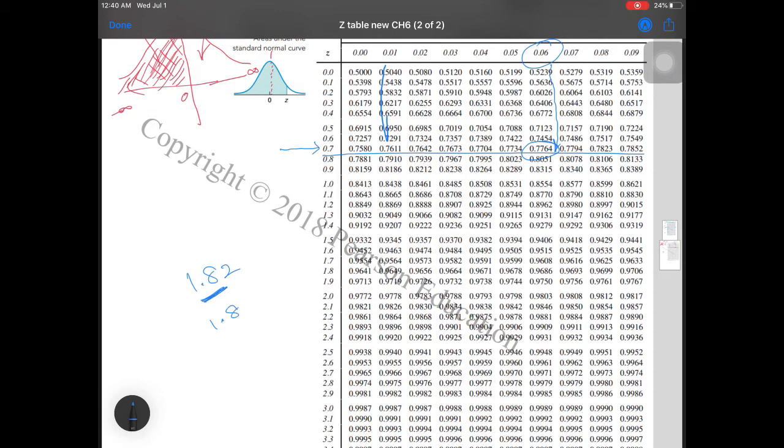So 1.8 plus 0.02 is 1.82. Okay, so first 1.8 is this one, 0.02 is this one, so value is 0.9656.